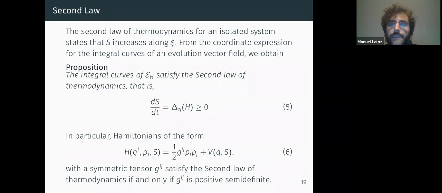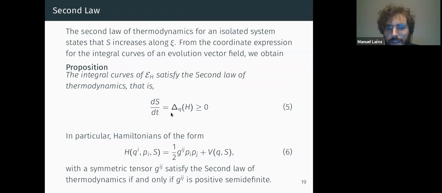And last of all, I will discuss the second law. The second law is easy to see in this context. It says that for an isolated system, the entropy increases, and if you just look at the expression in coordinates of the evolution vector field, it's easy to see that it is equivalent.